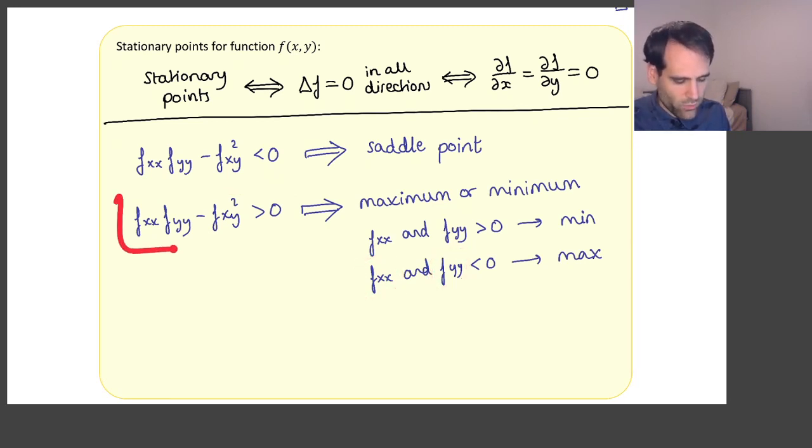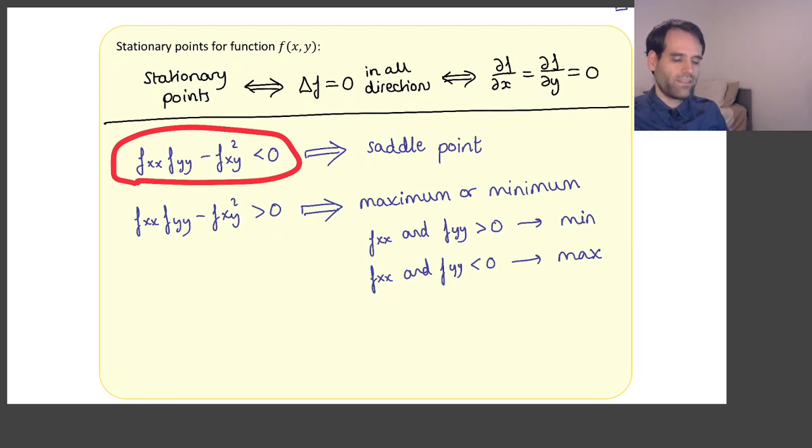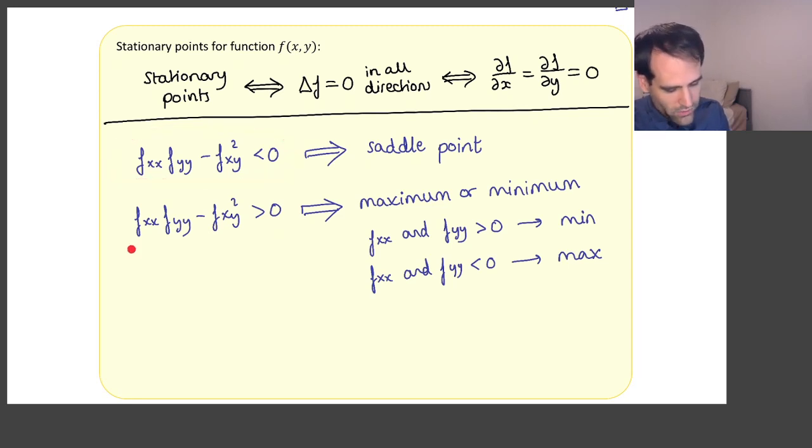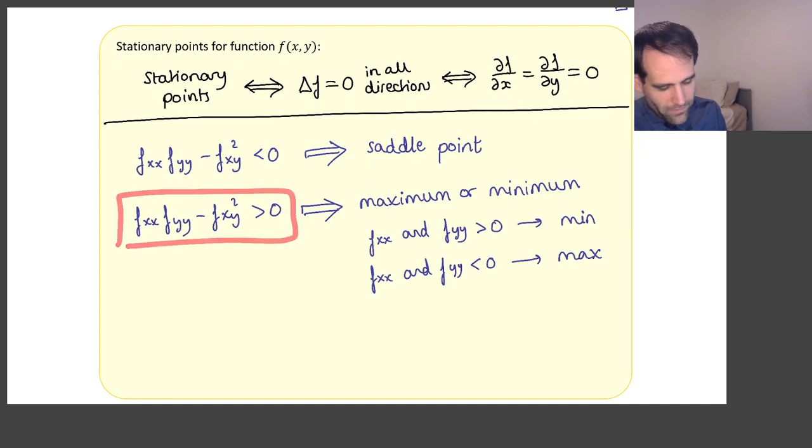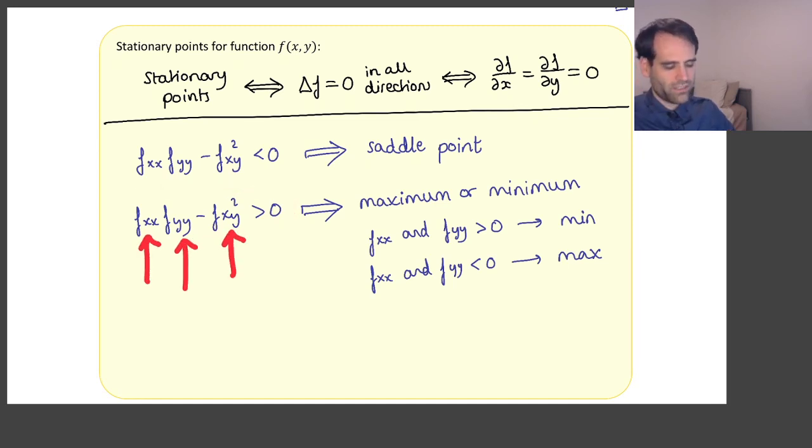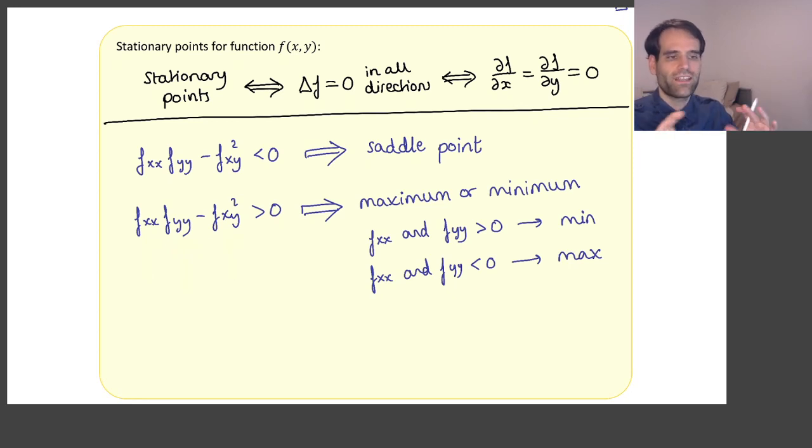Okay, because then this would not be true, because this would be a negative number, so therefore we would be in this case. Okay, so therefore once you check this condition here, then it's enough for you to check fxx positive, and you know that fyy will be also positive. But anyway, this is not extra work, because in order to find the sign of this, you have had to calculate all the second order partial derivatives.